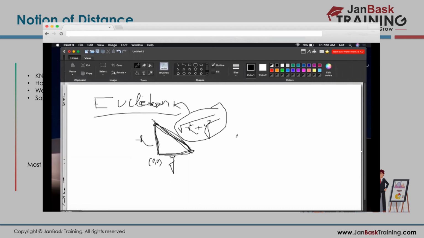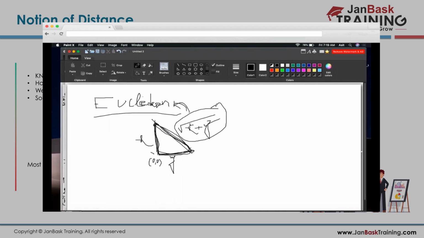Given 2 points, you form a right angle triangle. So take the distance of those 2 points from the origin, and when you take the square root of x square plus y square, it's called the Euclidean distance between 2 points. Likewise, in the data set, when you pass distance equal to Euclidean, the distance will be calculated as root over x square plus y square.